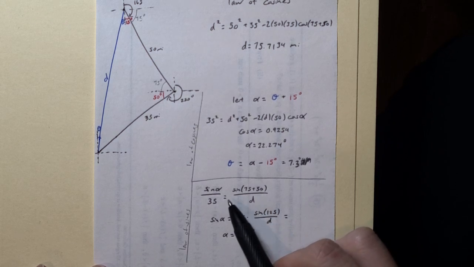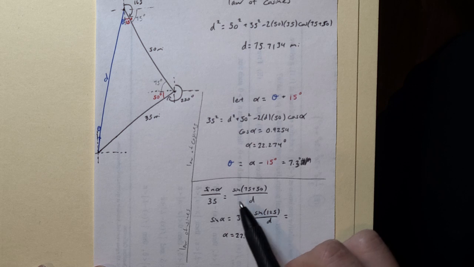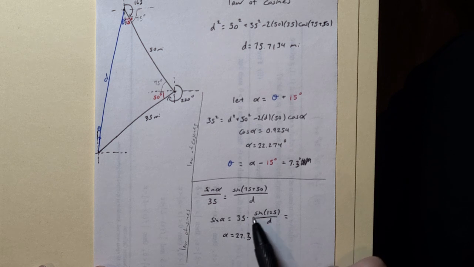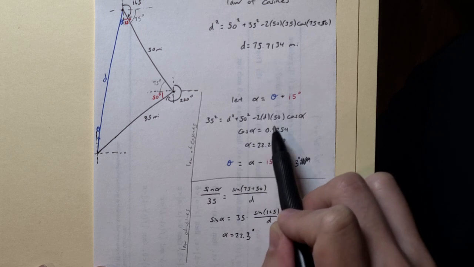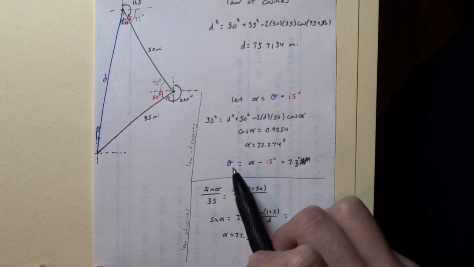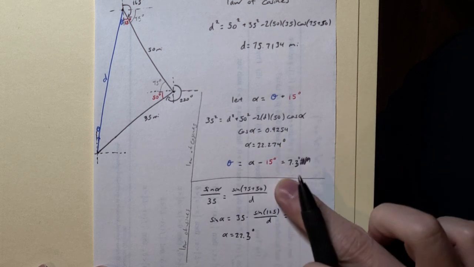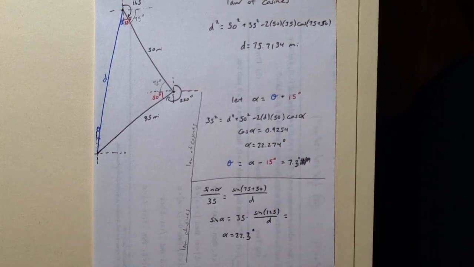You solve for sine alpha, which I guess I did not plug into my calculator, but in exact form, it'll be 35 times sine 125 divided by D. And you should find alpha, once again, is 22.3-ish. And then after you find alpha, you do the same thing that we did up here. We find theta, which is alpha minus 15. Since our alphas were the same, you'll get the same theta.